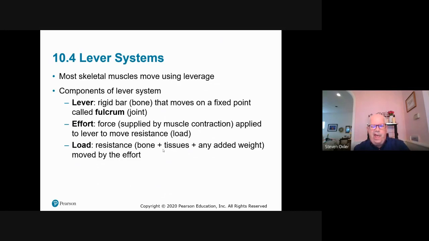The effort is the force supplied by muscle contraction applied to the lever to move resistance. And that resistance is known as the load. The load is moved by effort. So you have lever, effort, and load. Remember the definitions of those three words, because that is the leverage system.